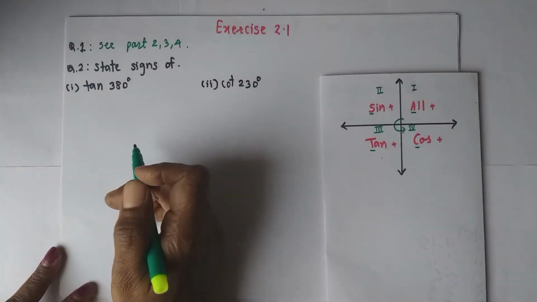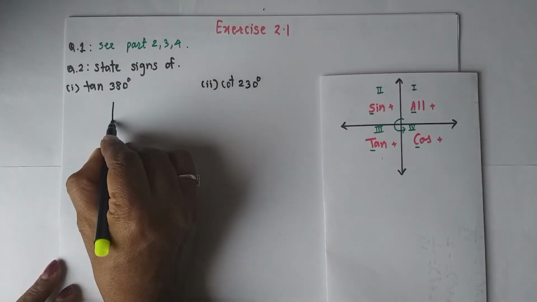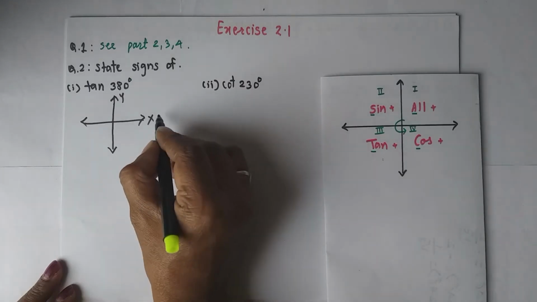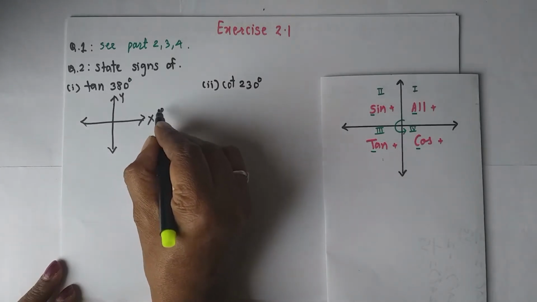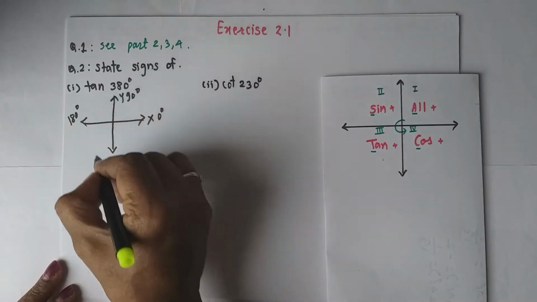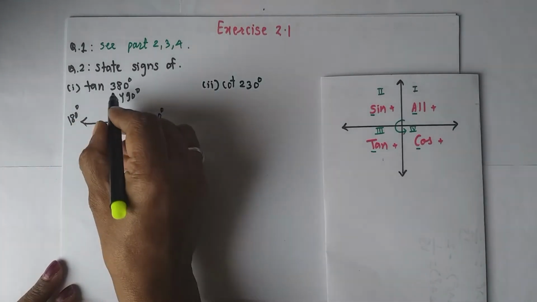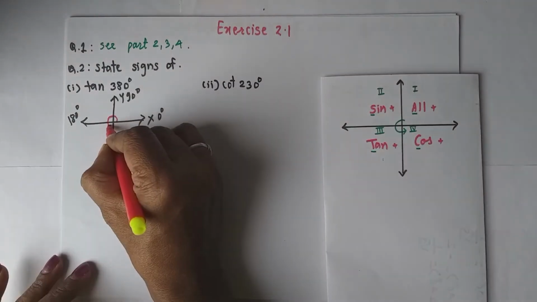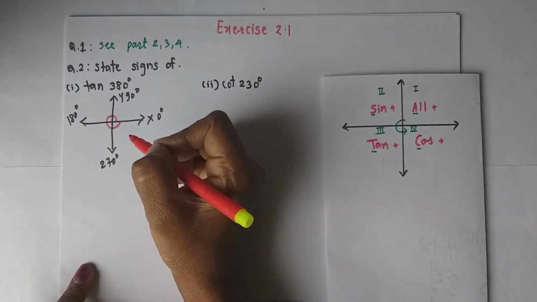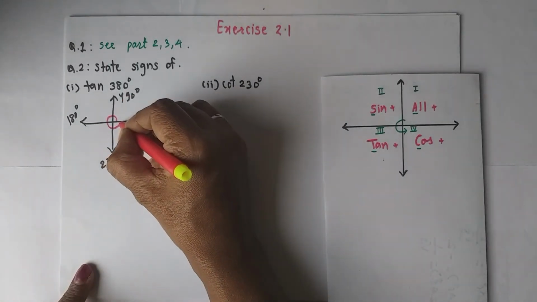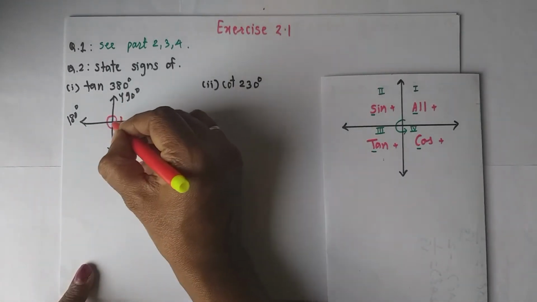Now see, you draw the rough diagram, draw the x-axis and y-axis, and you know that here is 0 degree, here 90 degree, here is 180 and here is 270 degree. Now 380 degree means where? 380 degree means this is 360, and if I add 20 degree more to 360, then I will get 380, means the angle will be somewhere here.